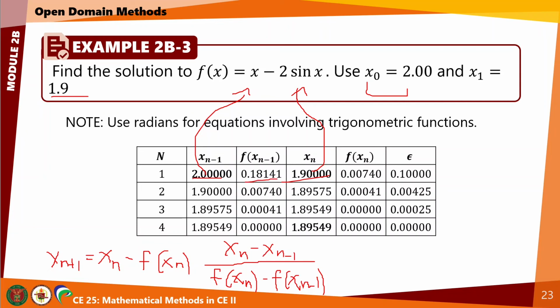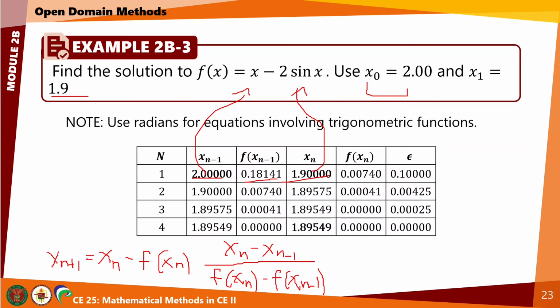Pero pag 1.9 naman sinubstitute mo, 1.9 minus 2 times sine 1.9.